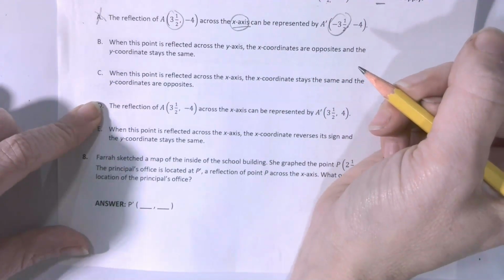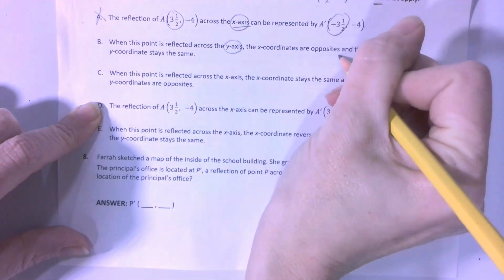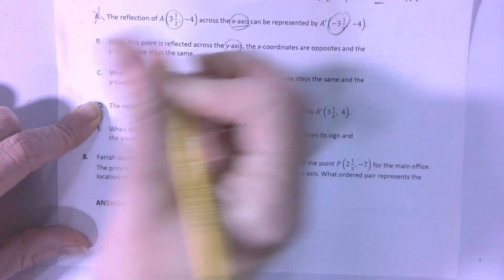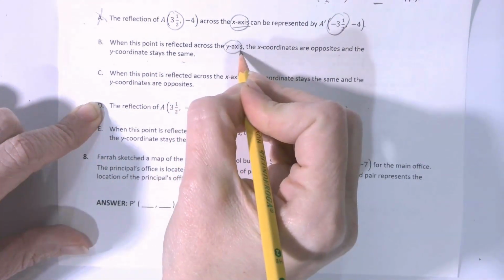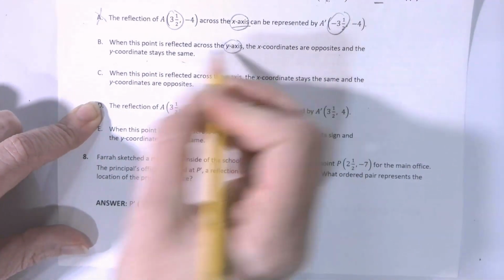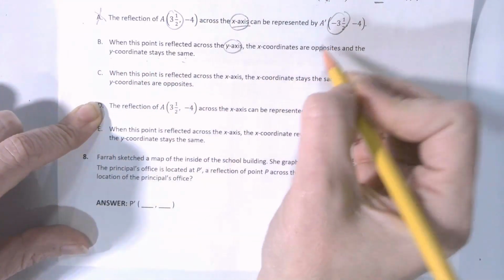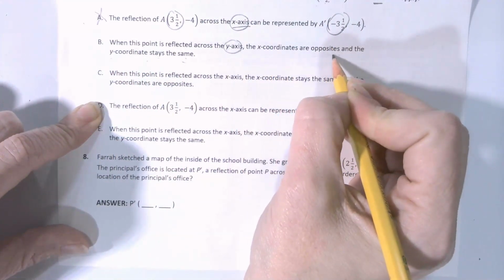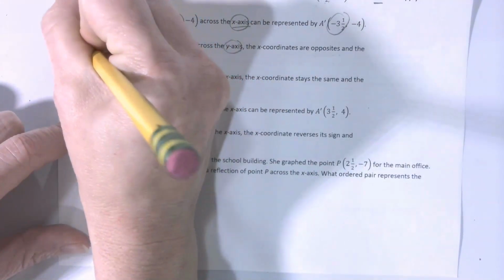Let's look at B. When this point is reflected across the y-axis, the x-coordinates are opposite, and the y-coordinate stays the same. Okay, y-axis reflection, y-coordinate stays the same. That makes sense. And the x-coordinates are opposites. That means that the sign's flipped. Yep, that works.